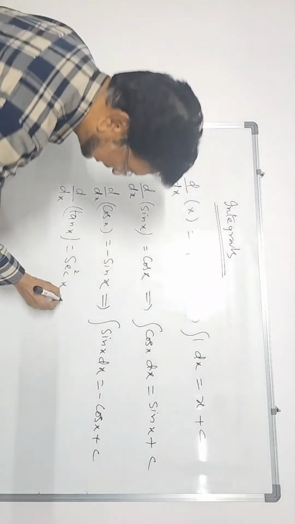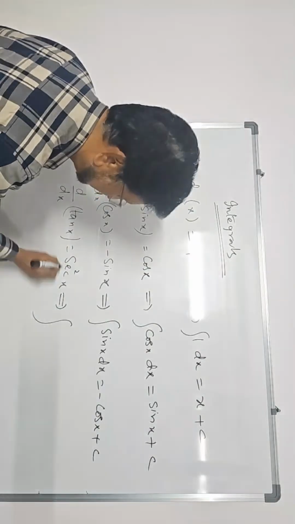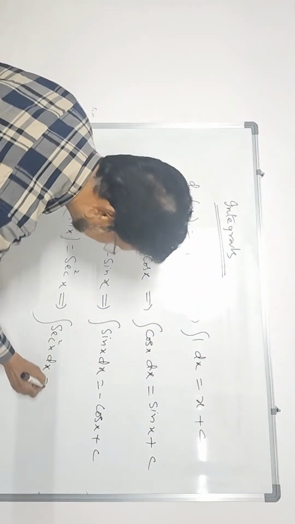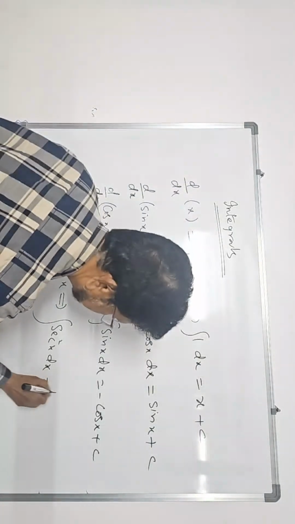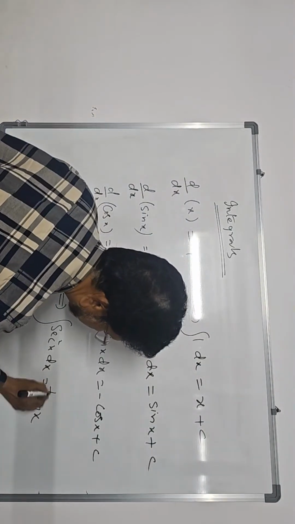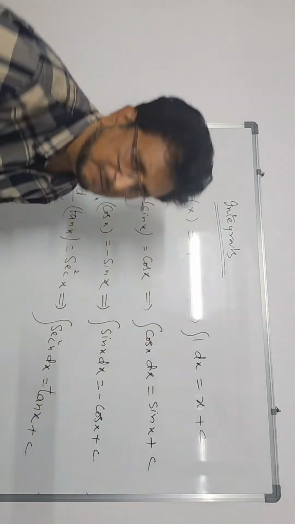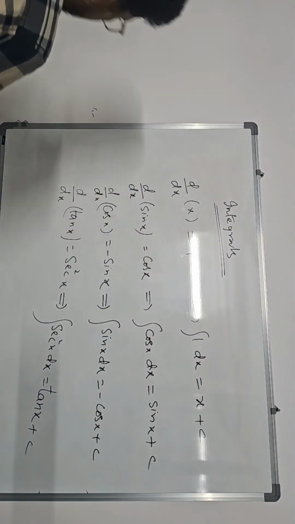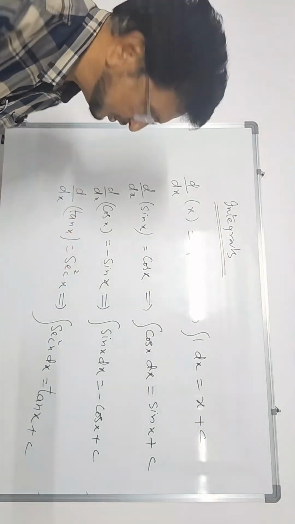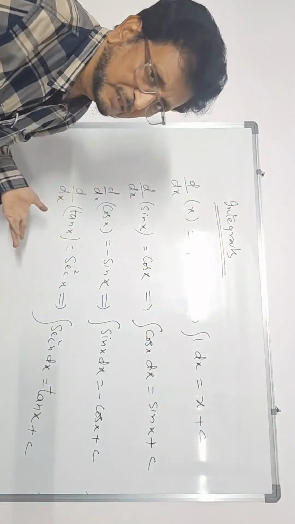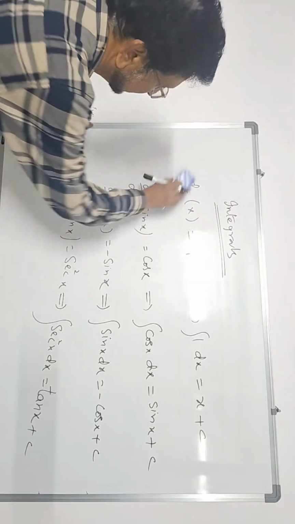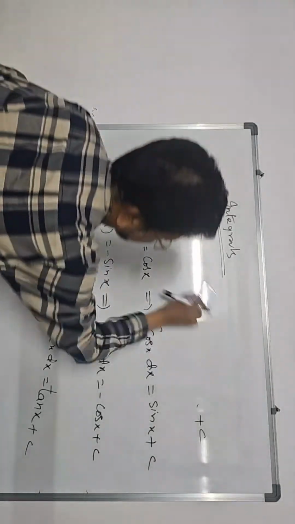Integration of sec square x with respect to x is equal to tan x plus c. These are the basic formulae you should know. This is for your recapitulation, means testing your previous knowledge.